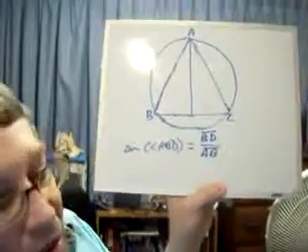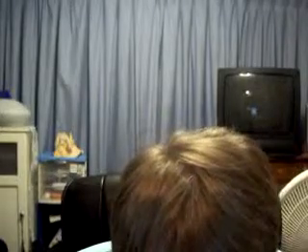Now then, what are we going to do? Actually, we should have said this. Now we have AB times the sine of ABC.